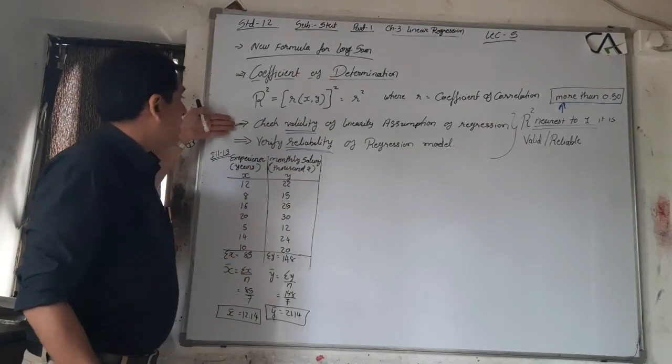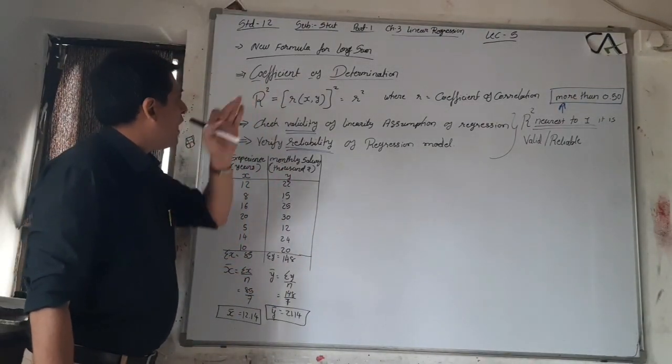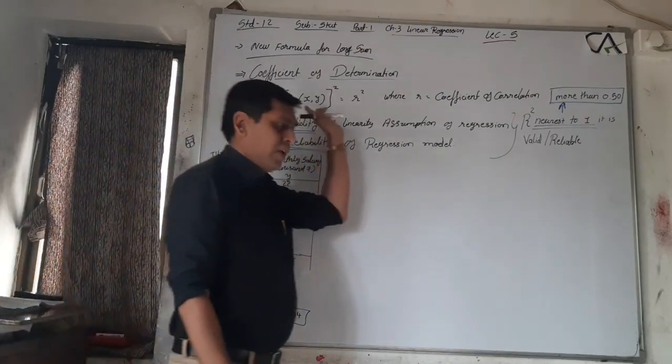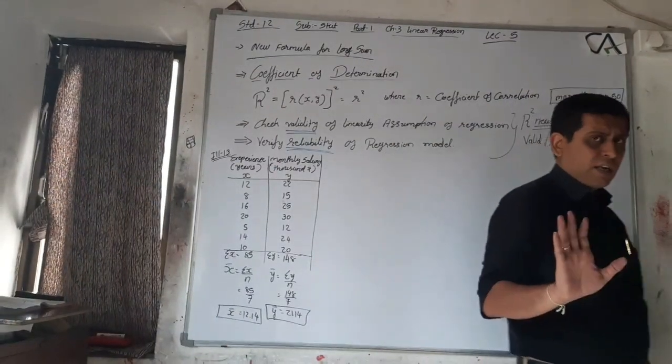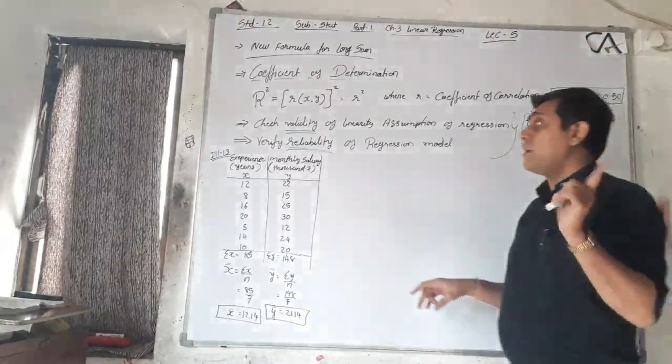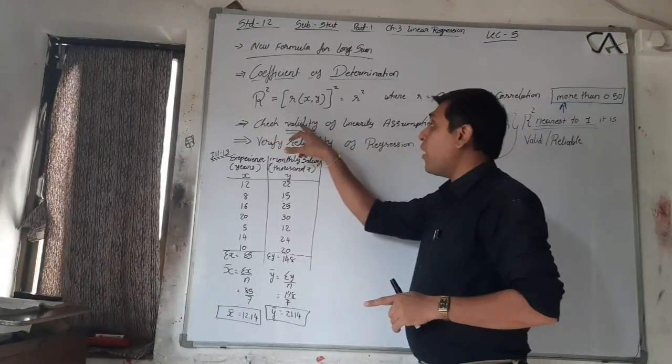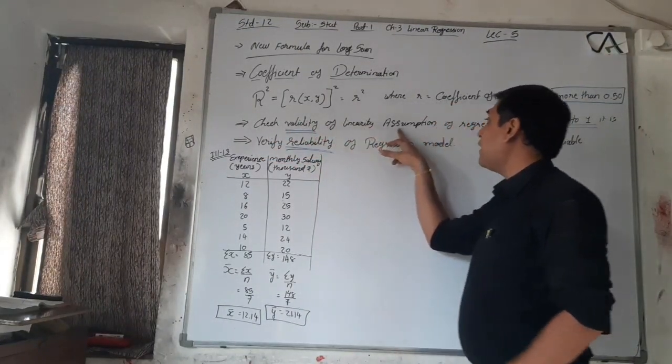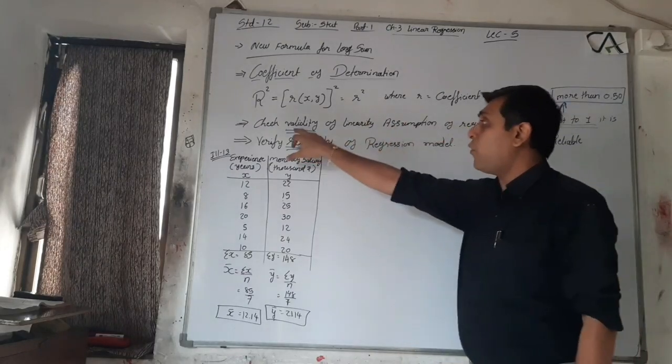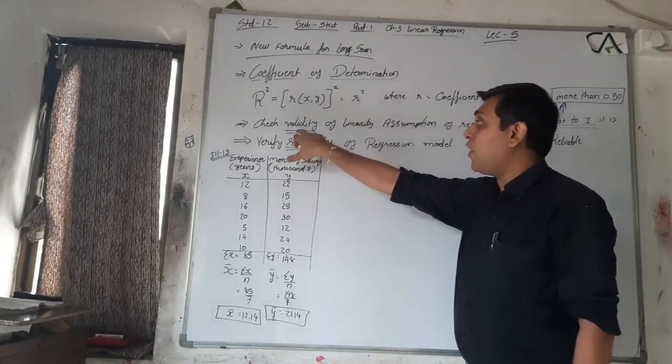That is the second thing. If they ask for the coefficient of determination, then we have to find R square. That is clear. But if they ask in the question to check the validity of the linearity assumption of regression, see the word, underline the word, that is validity.